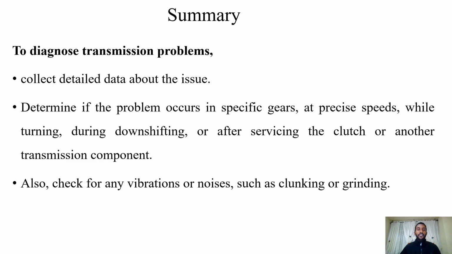We should determine if the problem occurs in a specific gear, at a precise speed, while turning, during downshifting, or after servicing the clutch or another transmission component. We should also check for any vibration or noise, such as clinking or grinding, because vibration and noise are the best indicators of system failure.